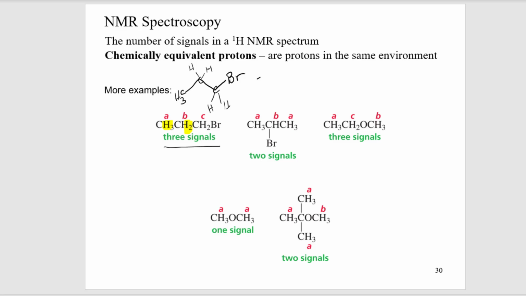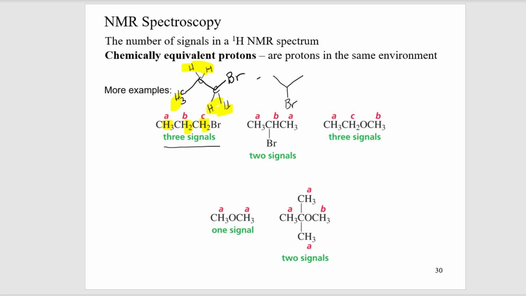There are no other hydrogens living in a house called carbon with a bromine directly off of it other than those two. So we'll call those C. There are going to be three signals on an NMR because of three different chemical environments for hydrogen. What happens when you have a symmetric molecule like this one?